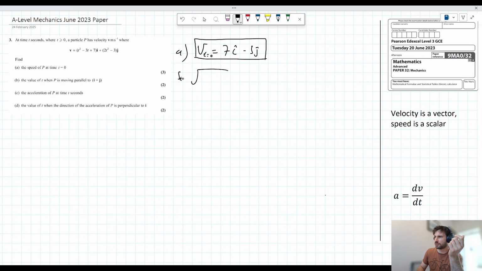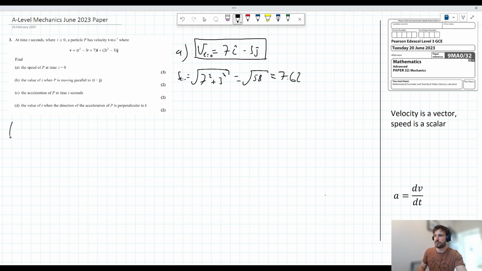I'm going to describe speed with s. s at t equals 0 is equal to the square root of 7 squared plus 3 squared, which is the root of 58. We can decimalize that to 7.62. It's not really necessary, but there it is.